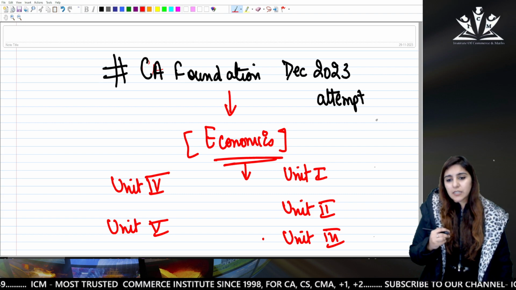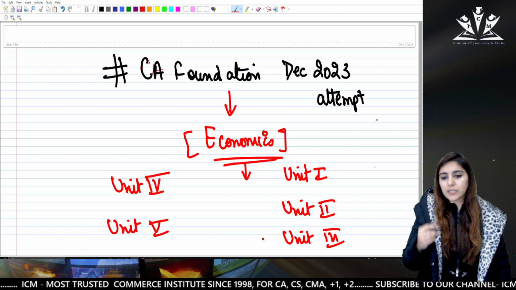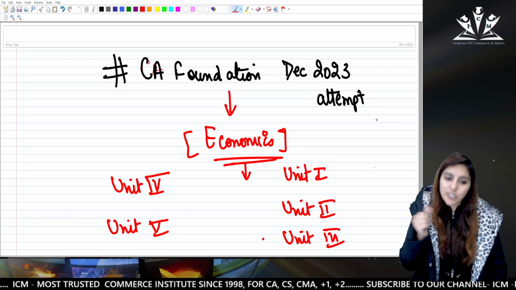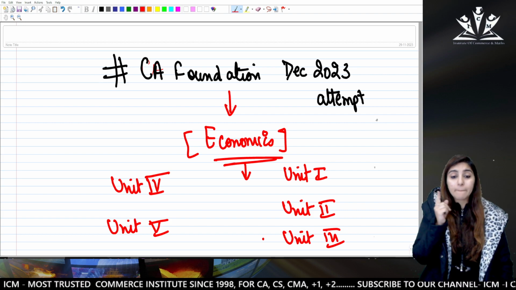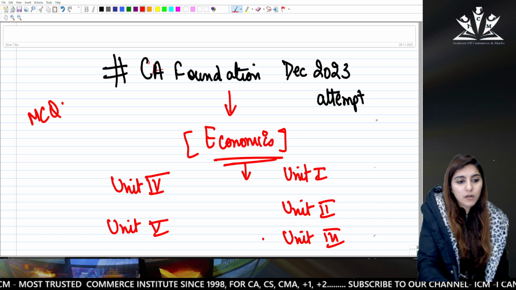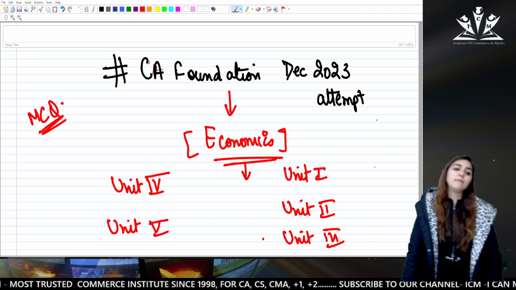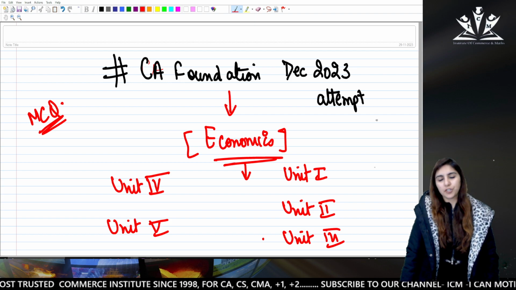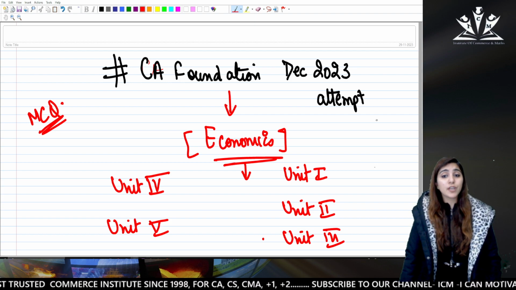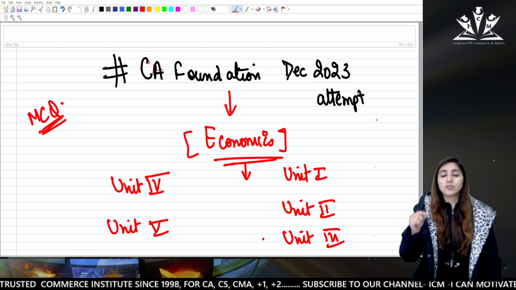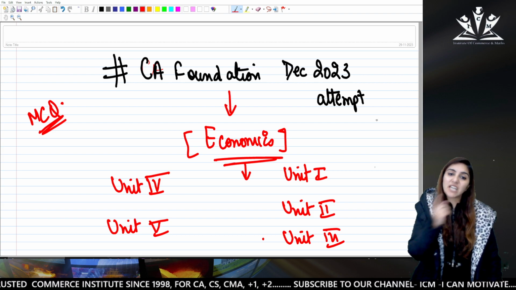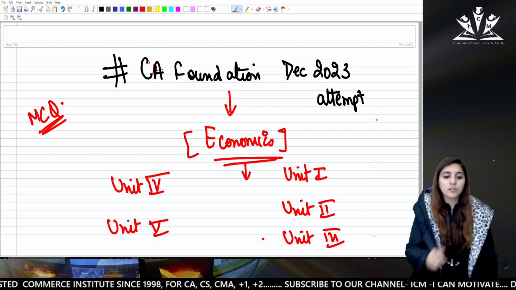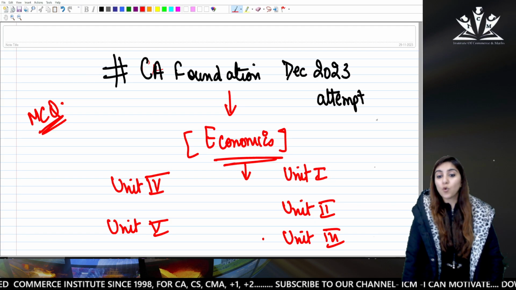In this case, the revisions should be crisp and short. Being an MCQ paper, you cannot afford to skip any information, because when the paper is MCQ, the answer has to be short and crisp. It's either right or it is wrong. There is no other way. There is no other option.